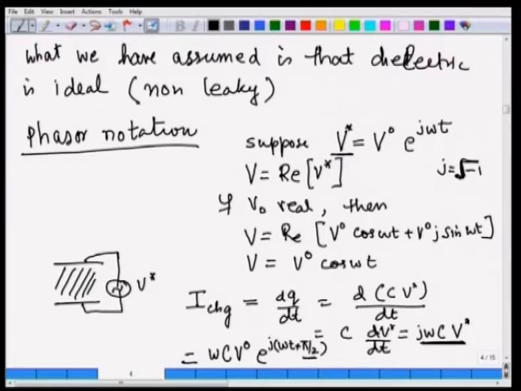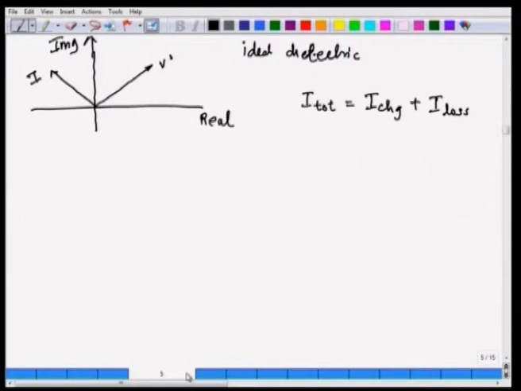So what we are going to do is write the total current as the charging current, which is dq by dt, the current for an ideal capacitor, plus some loss. So in that case, this red portion has to be shown, I charging is this current. If I show the loss current as something like this, I loss, then this total current is this current.